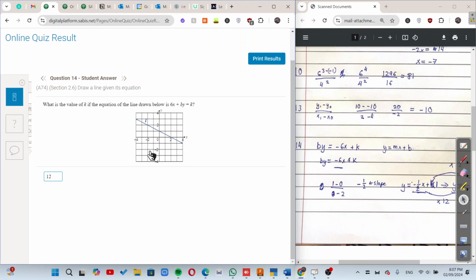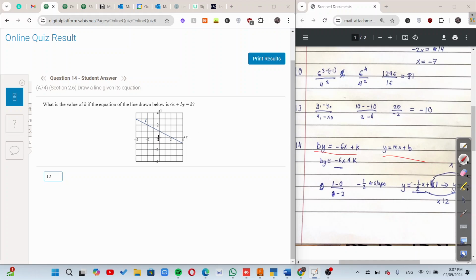Okay, so for this next question, it's a bit tricky, but it's pretty easy when you get the hang of it. Here you need to rewrite this equation in y = mx + b form. So you can rewrite this equation as y equals negative 6x plus k. Now you need to make your own equation in the form y = mx + b from the graph.